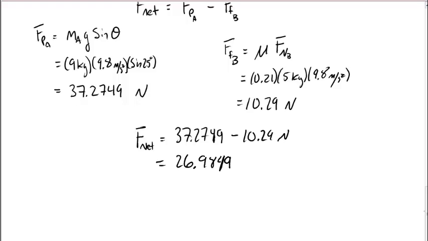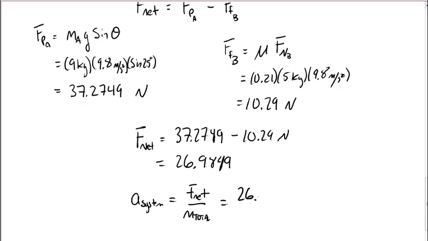They're attached by a string, so if you move one mass to the right, well, the second mass is going to have to go to the right as well because it's attached. The mass A is going to accelerate, then mass B will accelerate as well. So to find the acceleration of my system, of either mass, will be my net force, the force that's left over, divided by my total mass, because again, they're attached. You can't move one without the other.